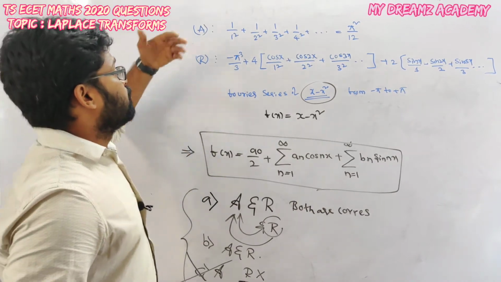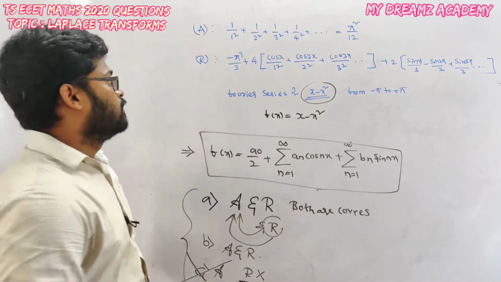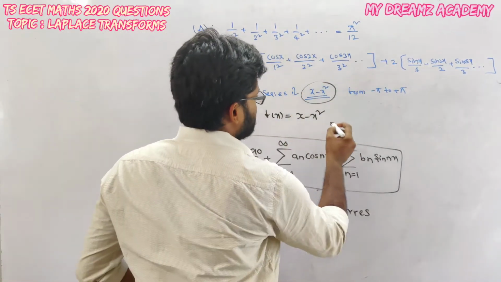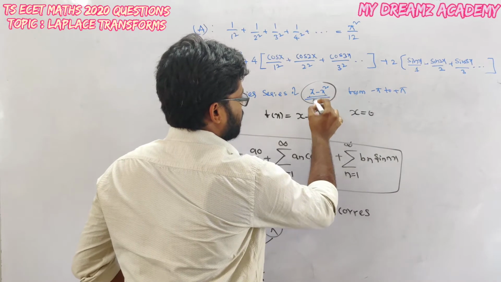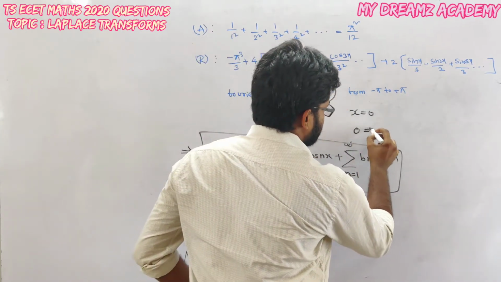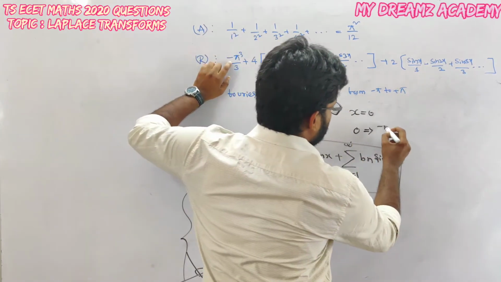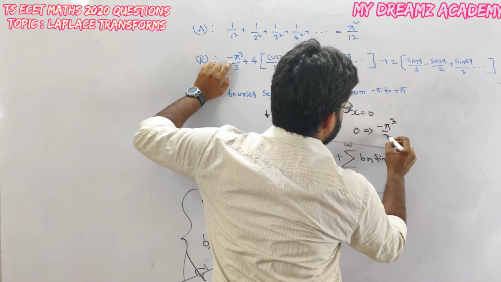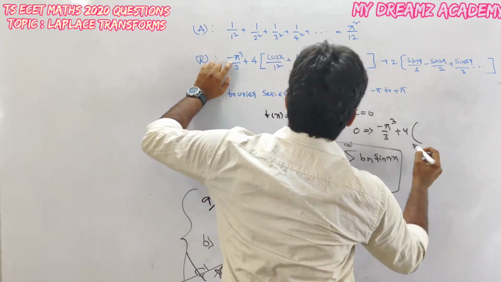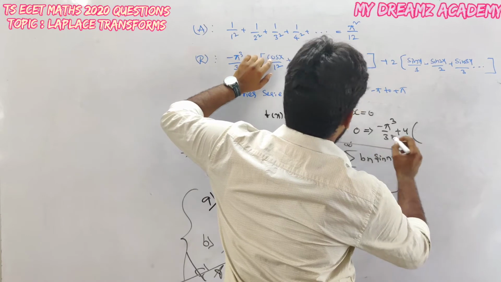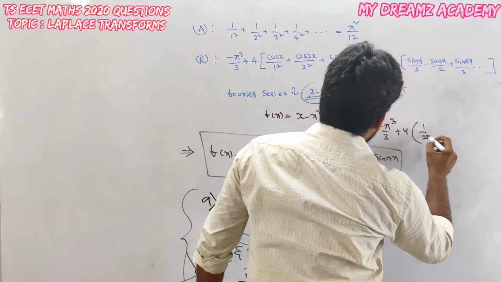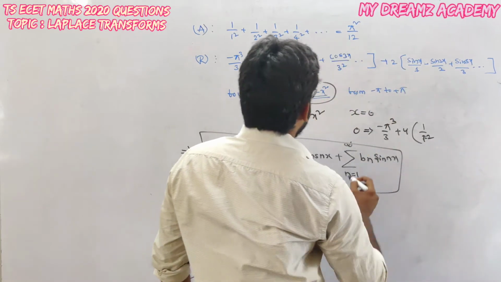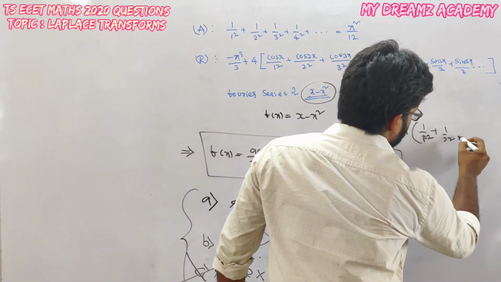Now we will see whether the assertion is correct or not. Substitute x = 0 in this. x − x², that is 0, equals −π³/3 + 4 into cos 0, whose value is 1, so 1/1², like that 1/2² and so on.